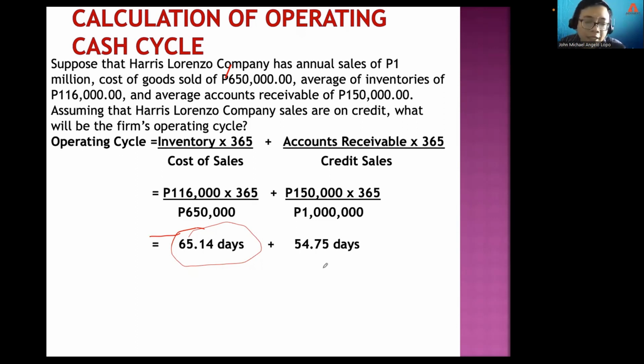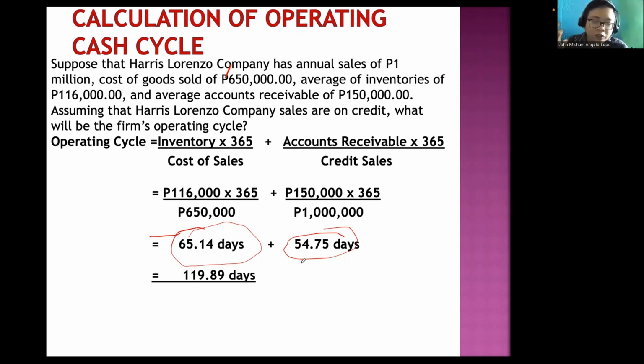Okay. How about this one? 54.75 days. Anong ibig sabihin yan, class? Meaning, 54.75 days ka daw makakapag-collect sa inyong customer. Maganda ba yan? Again, depende na naman yan sa company mo. So, overall, class, magkano ba ang ating operating cycle? Almost 120 days. January, February, 3, 6, 9, 12.